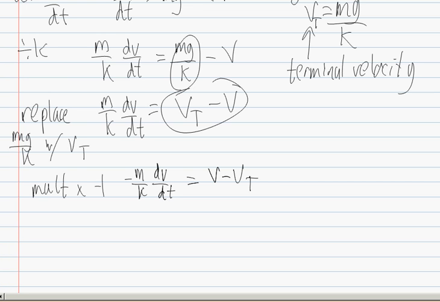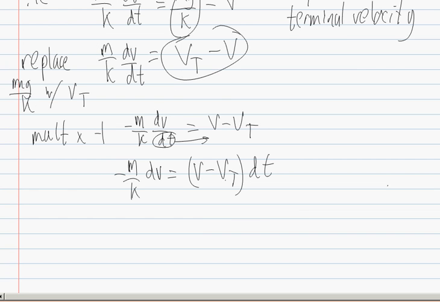Then we're going to take a look at separating the v's and the t's. So I'm going to actually do something that I'm not normally allowed to do. I'm going to move this over here. V minus vt all times dt equals minus m over k dv.